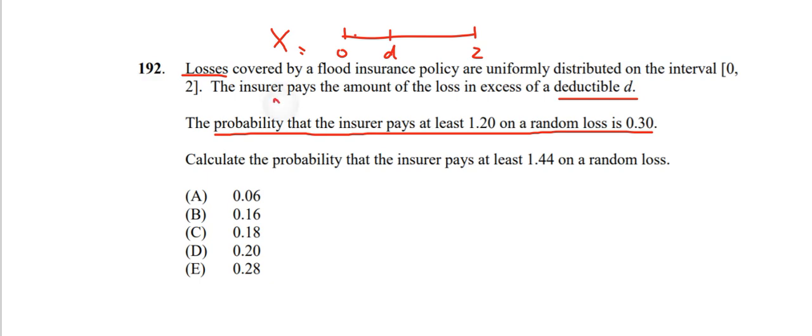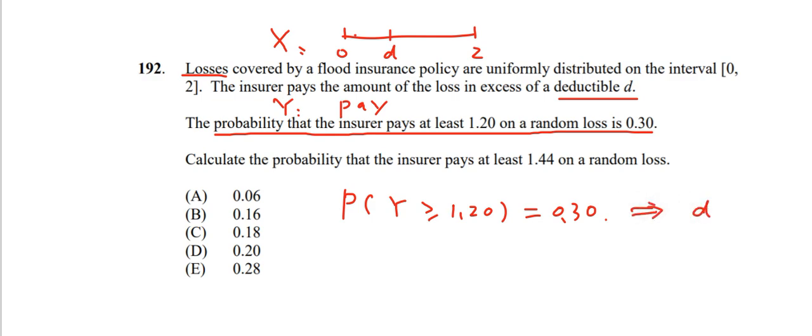Let Y be the payment. We have this probability that Y is at least 1.20, and from this condition we can find d. So let's find d first.